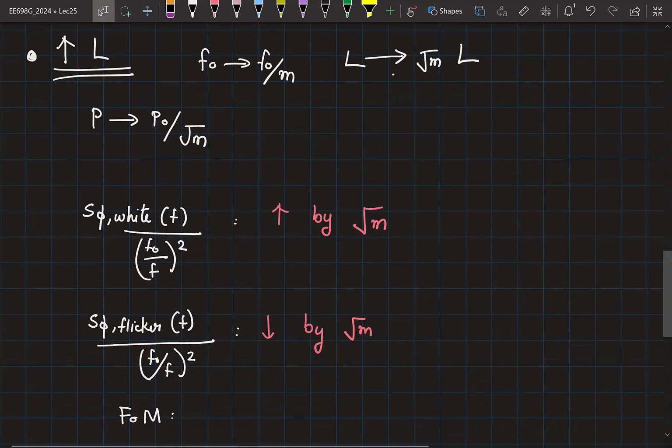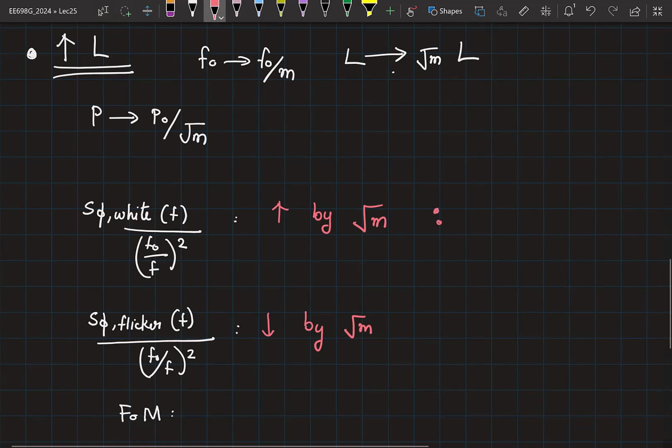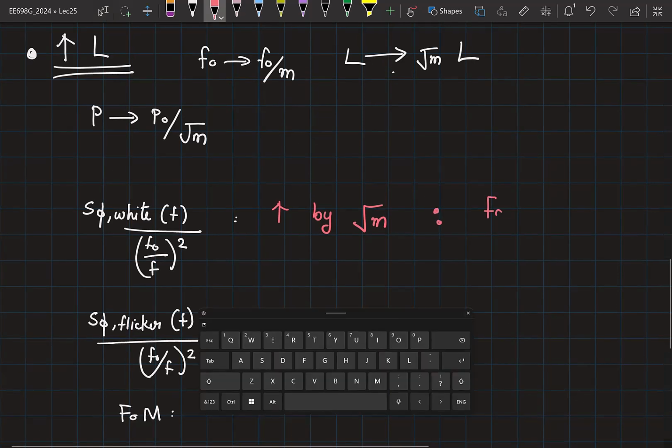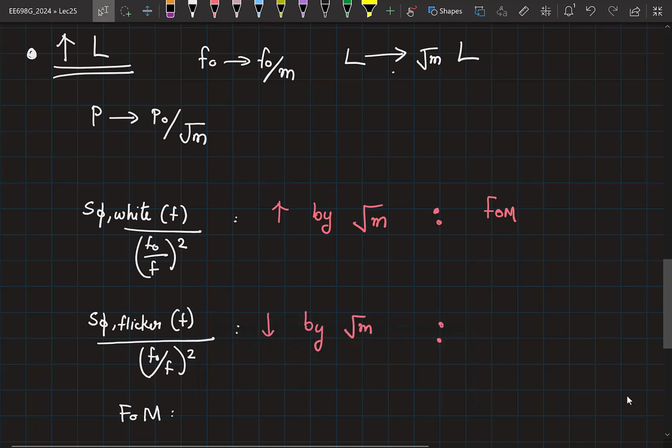So can you quickly tell me what happens to FOM here and what happens to FOM here? Same. So you have all the expressions here, you can look and tell me. FOM remains the same? Yes. That is by M. Right?